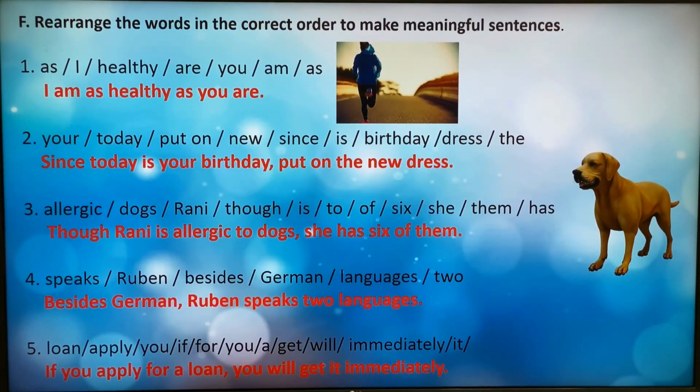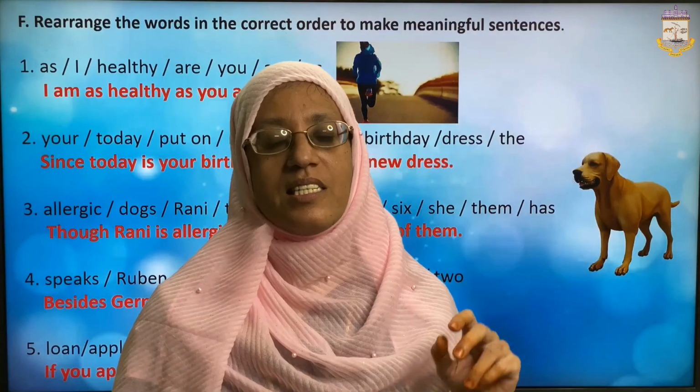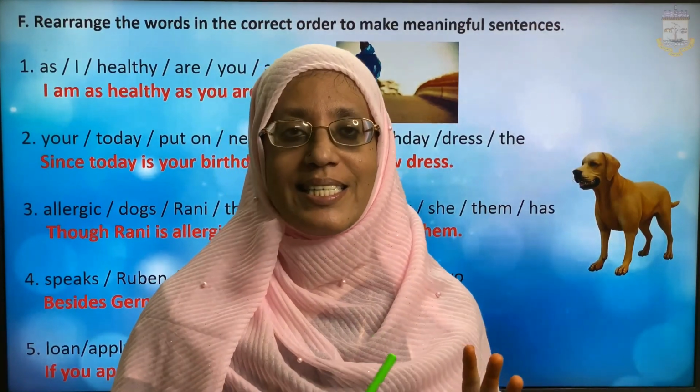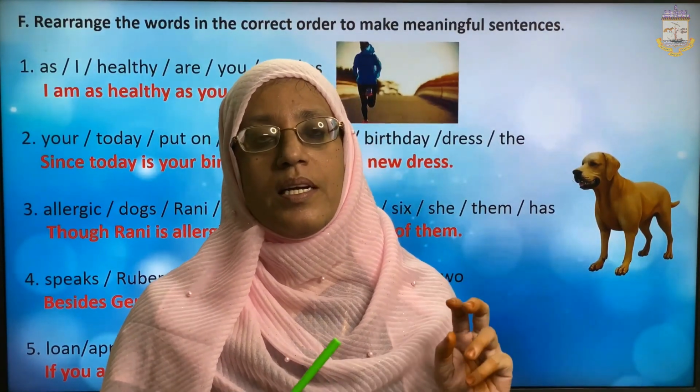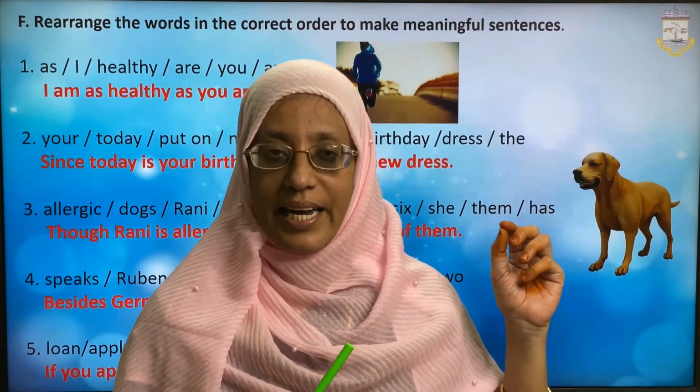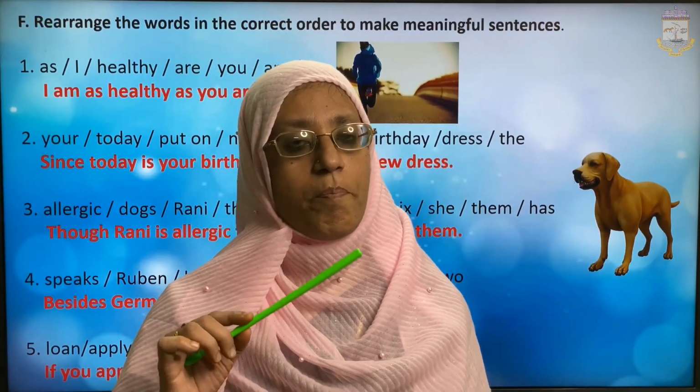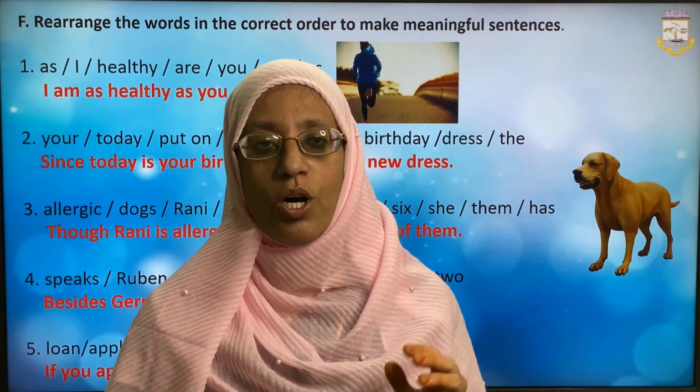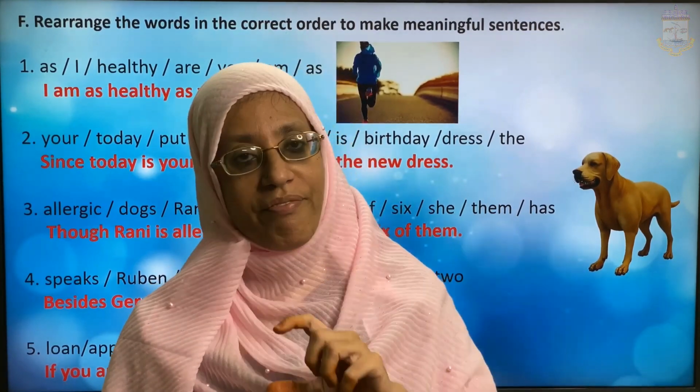Here the conjunctions used are as, since, though, besides, and if. Is it clear, children? Children, we have almost covered all the exercises for conjunctions. Take your textbook and again go through all the exercises on page number 104 and 105 from A to F.